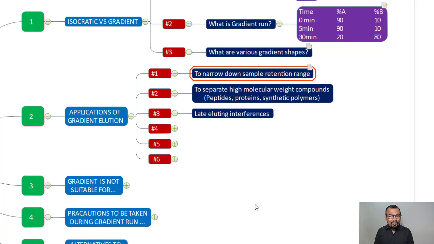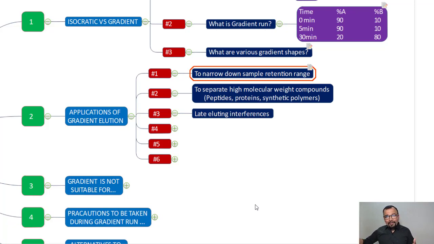As we discussed, the strength of the mobile phase can be manipulated and increased, and as you increase the strength of your mobile phase by increasing the proportion of organic solvent, these late eluting compounds will start eluting early in the chromatographic run.